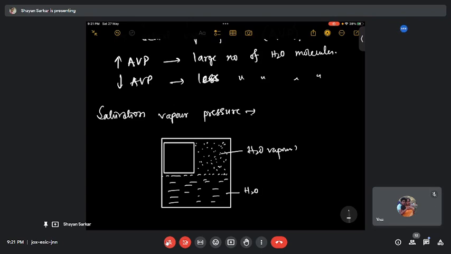Correct? So this amount of water vapor will be termed as saturation vapor pressure.